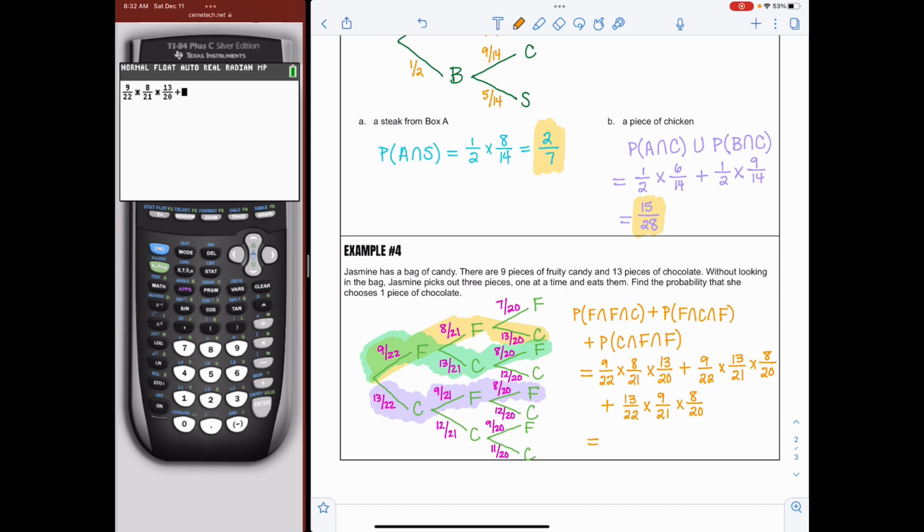Plus, like I said, you can type it all in, 9 over 22 times 13 over 21 times 8 over 20, plus 13 over 22 times 9 over 21 times 8 over 20.